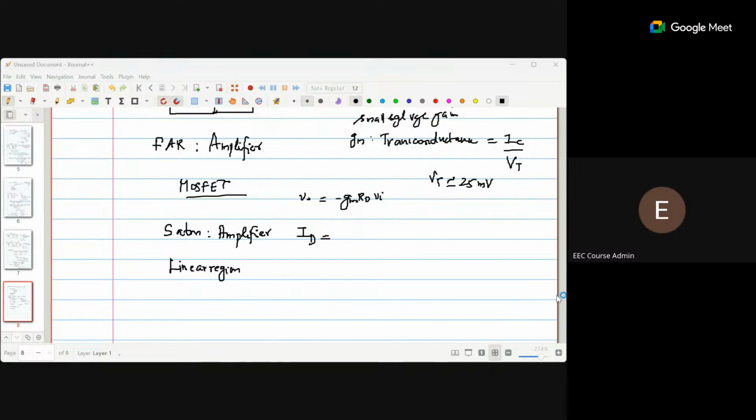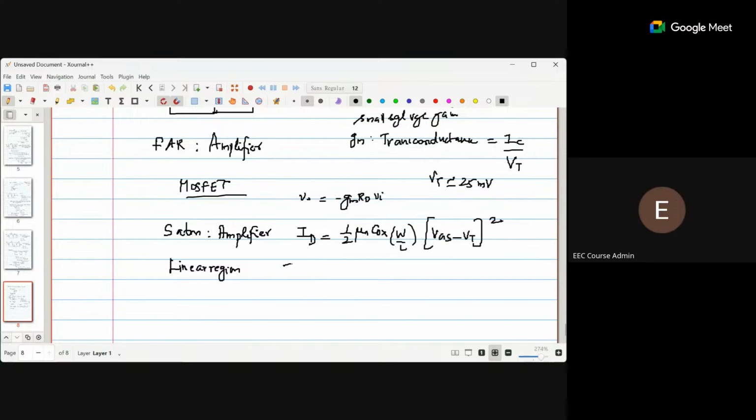What is the expression for the drain current in the saturation region? It is 1/2 μn Cox W/L (VGS − VT) whole square.